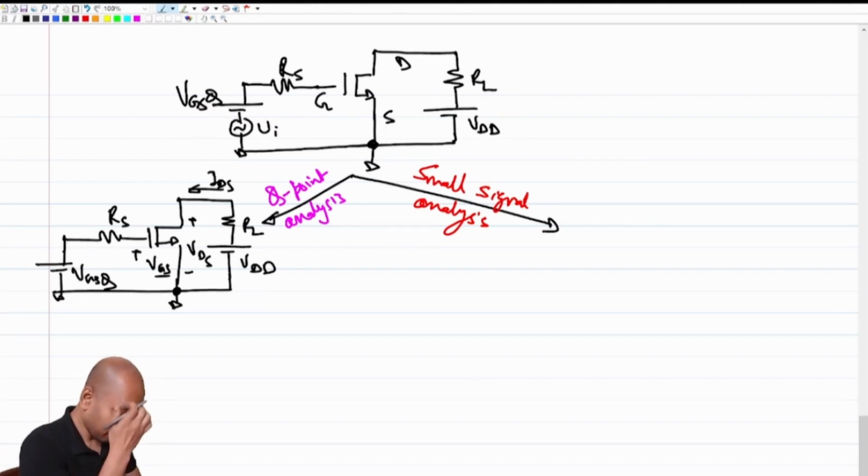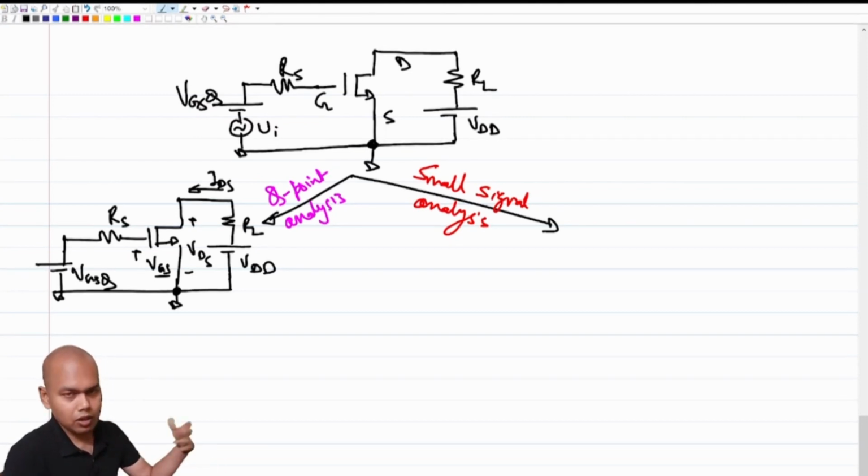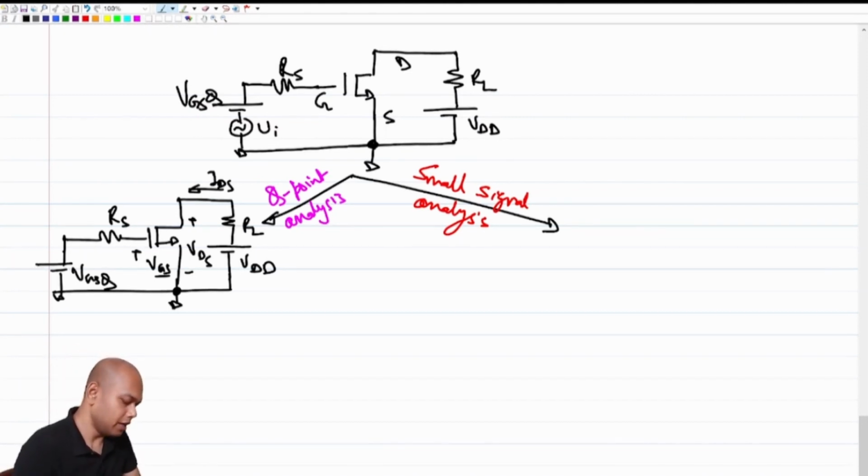So what will you do? You will essentially replace all the nonlinear elements with their incremental equivalent, right? The incremental equivalent of our MOSFET is the incremental equivalent of the two-port network. Given the current voltage equations of the MOSFET in saturation, we know that the incremental equivalent is this.